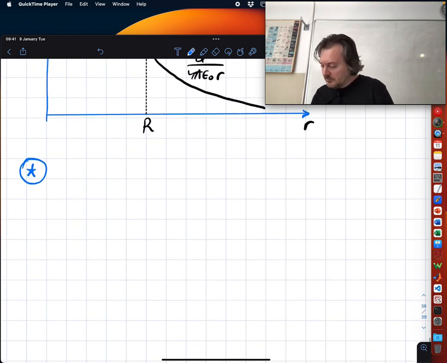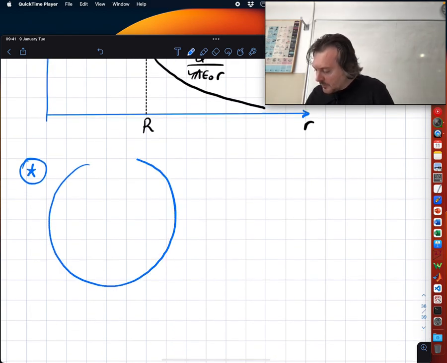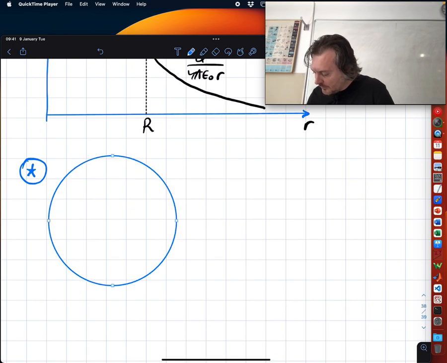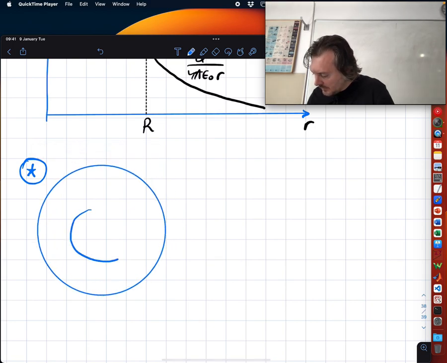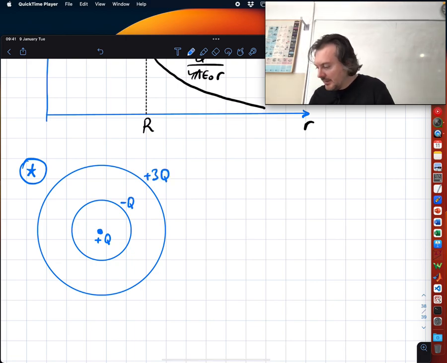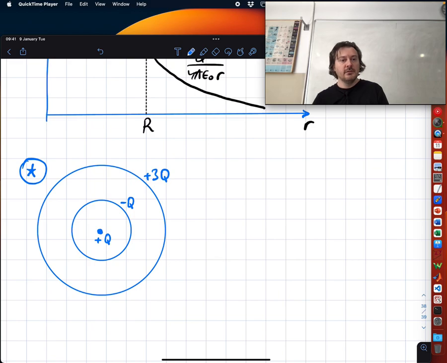Do you remember this complicated problem that we solved with a few layers? There was plus q here, minus q. We decided that this is the case, right? This is a conducting shell.